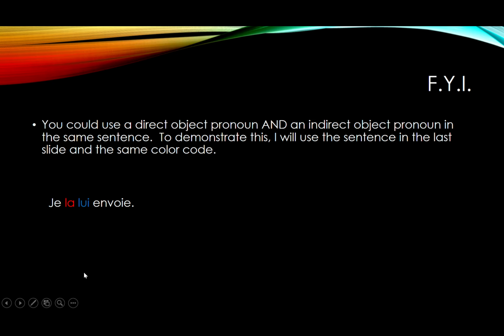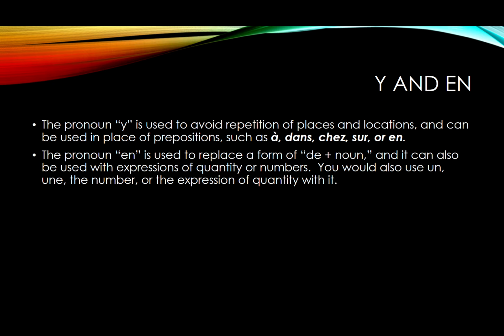And as I go back, I would change it to je la lui envoie. And I changed it to la for the direct object because the card is actually a feminine object, so you've got to watch out for that. And then lui would just be the same, whether it's male or female.